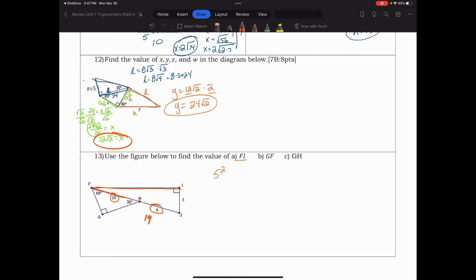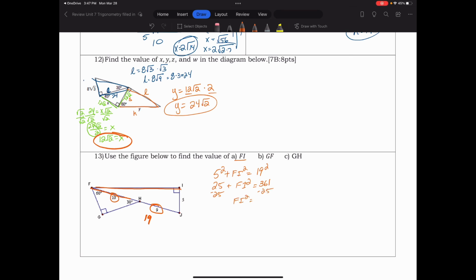So this is a Pythagorean. 5 squared plus FI squared is equal to 19 squared. 25 plus FI squared is equal to 361, I believe. 19 times 19. And then I subtract 25.